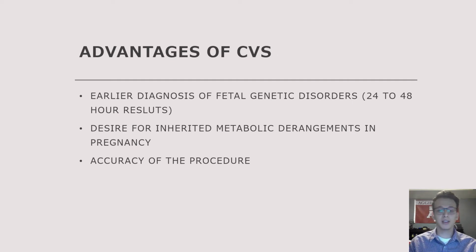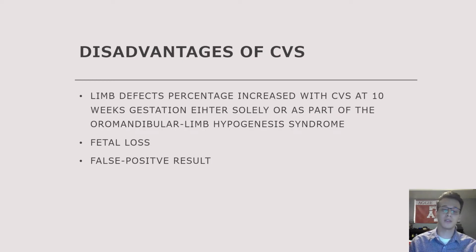Advantages of CVS: we can get an earlier diagnosis of fetal genetic disorders, and we can have our results 24 to 48 hours after the procedure is done, instead of waiting the 7 to 14 days for the amniocentesis. It's also desired for inherited metabolic derangements in the pregnancy, and it's a very accurate procedure as well. The disadvantages of CVS, though: you can have limb defects.